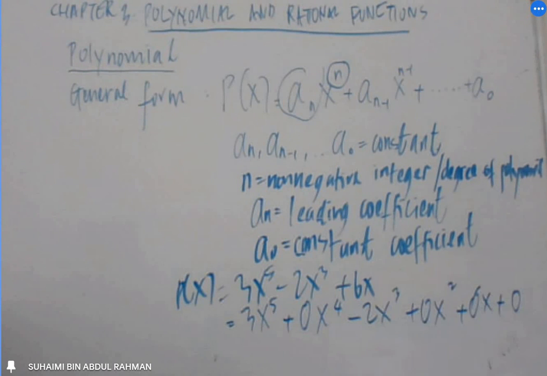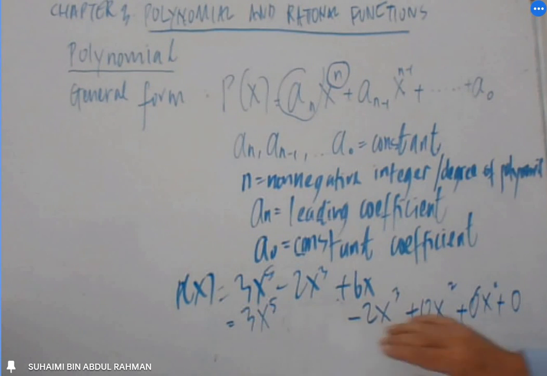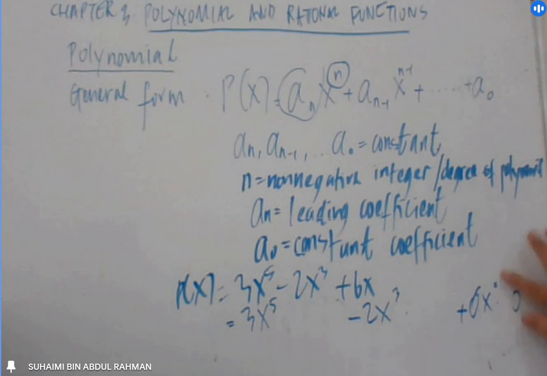Another way to write it. So we can see 5, then 4, then 3, then 2, then 1. 6x is 6x to the power of 1, but we do not write that. That's why we only have 3x to the power of 5 minus 2x to the power of 3 plus 6x. But in fact, they are there; they only disappear. We cannot see them.